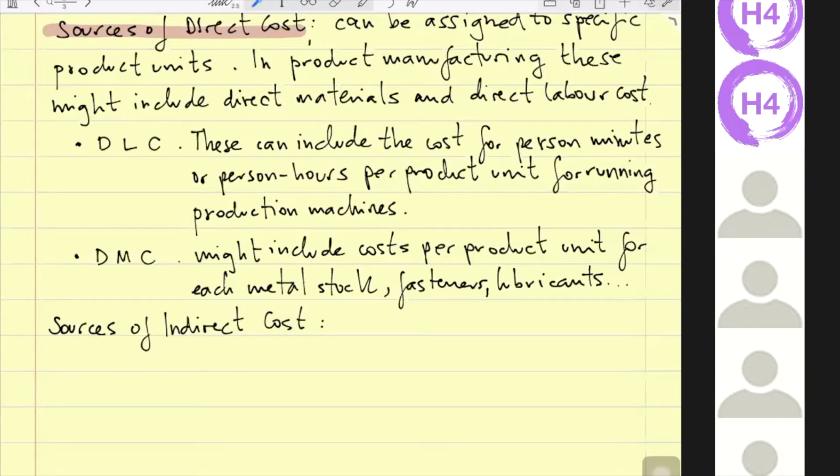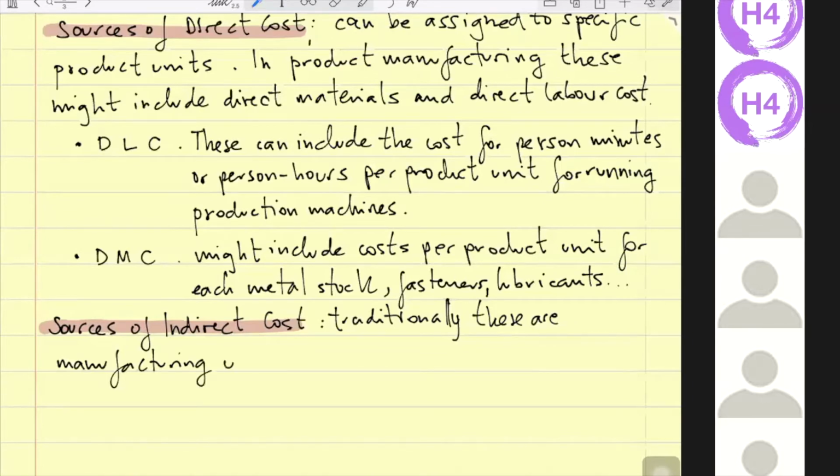Alles klar. So, sources of indirect cost. Traditionally, indirect costs for such firms are manufacturing overhead expenses.